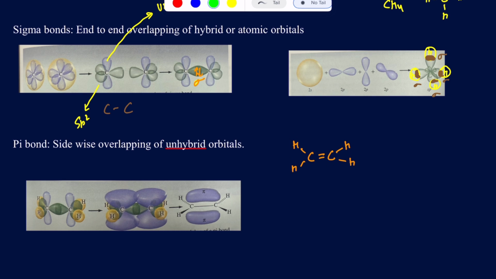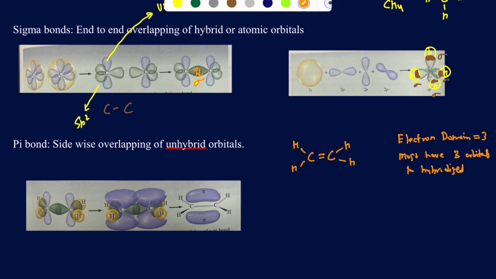So carbon has only three electron domains. One of the easiest ways to figure out the hybridization is to find how many electron domains you have around that atom. Since I have three electron domains here, you must have three orbitals to be hybridized.